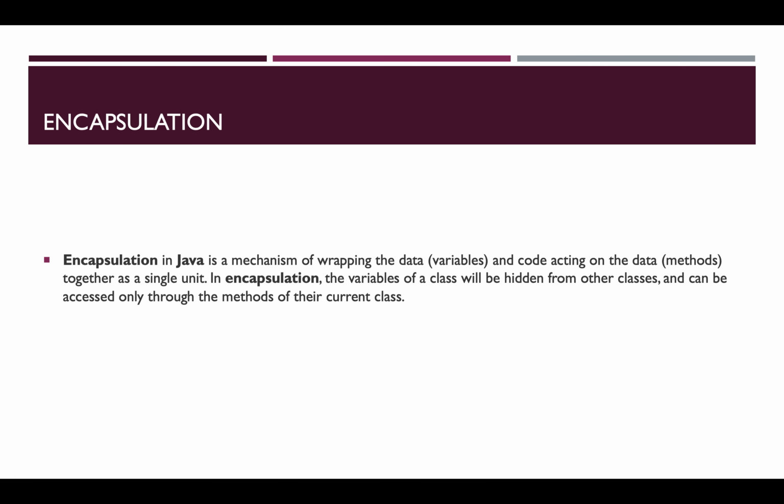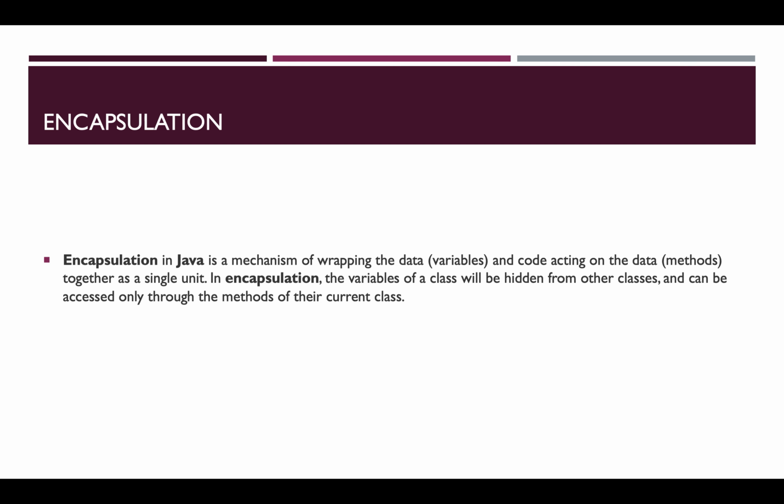So encapsulation. Encapsulation in Java is a mechanism of wrapping the data, variables, and the code acting on the data, methods, together as a single unit. In encapsulation, the variables of a class will be hidden from other classes and can be accessed only through the methods of the current class. So here you're putting all of the variables and methods together so no one else can access it. So you're hiding it.